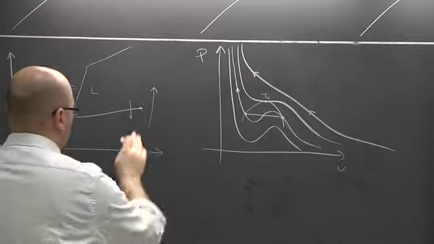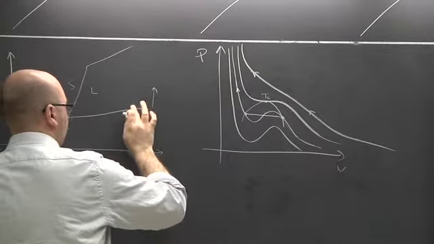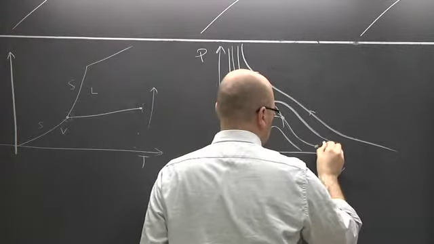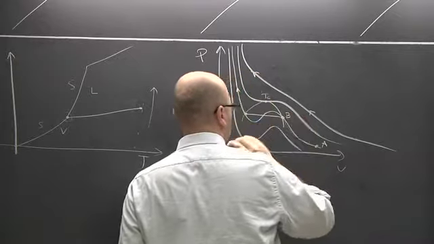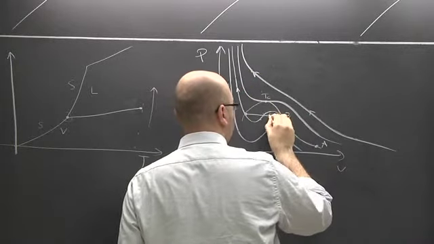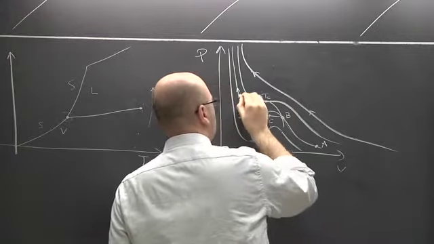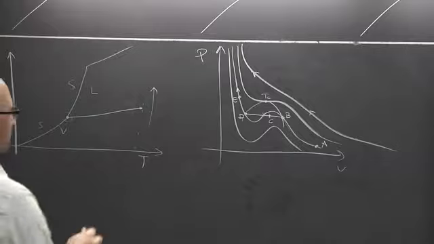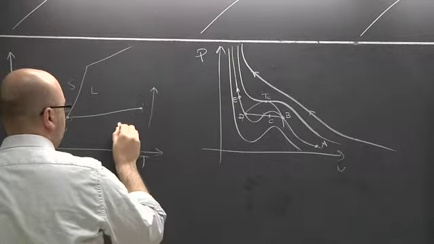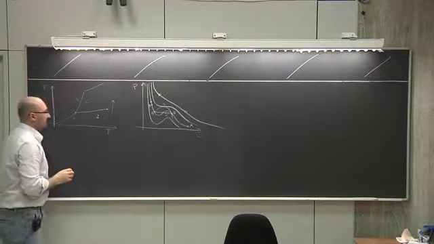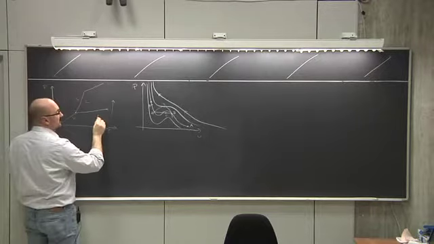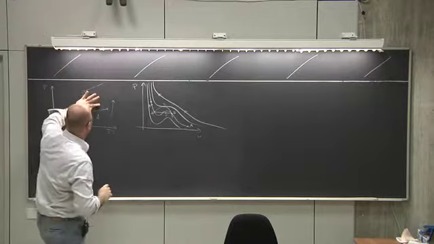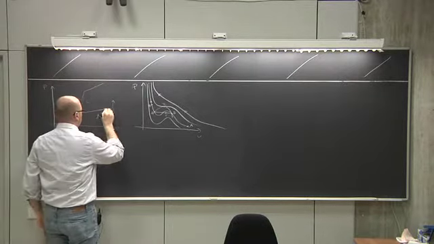So let's put some points on this line. This is A, B, I don't know, C, some point over here, D, and E. So point A is here. And then I go up, let's say on this line, at constant temperature, so this line should be perfectly vertical.